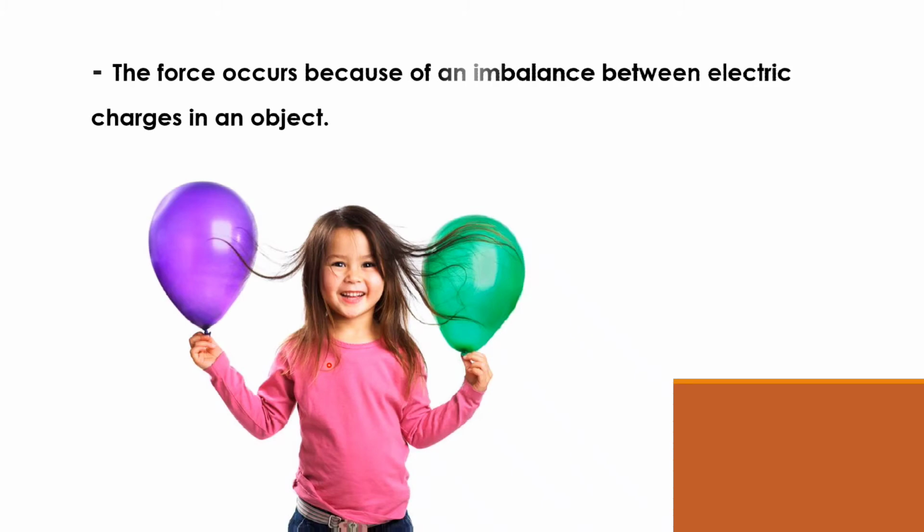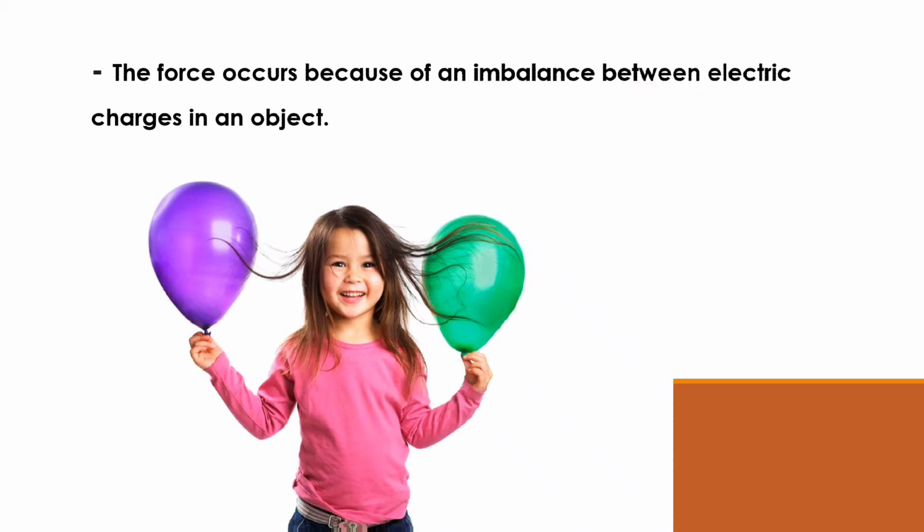Alright, so static electricity is the force that occurs because of an imbalance between the electric charges in an object. Again, a force occurs because of an imbalance between electric charges in an object. Okay, the one where electrons accumulate a negative charge, this is called the charge imbalance.